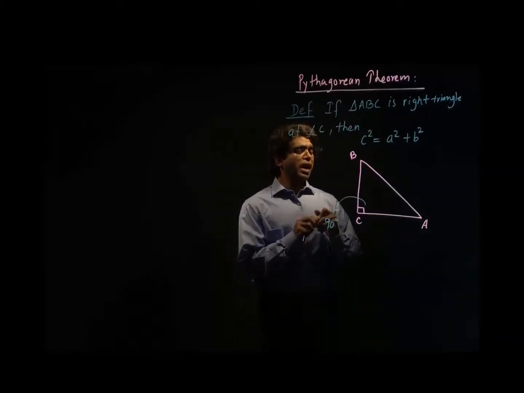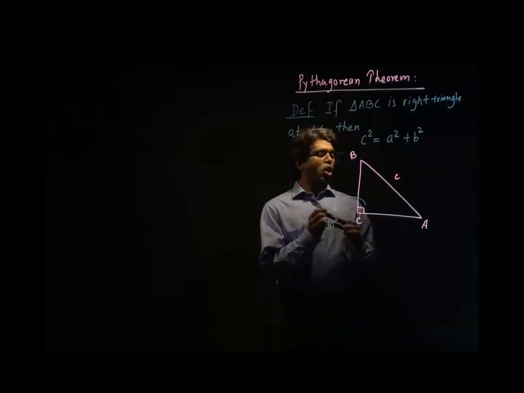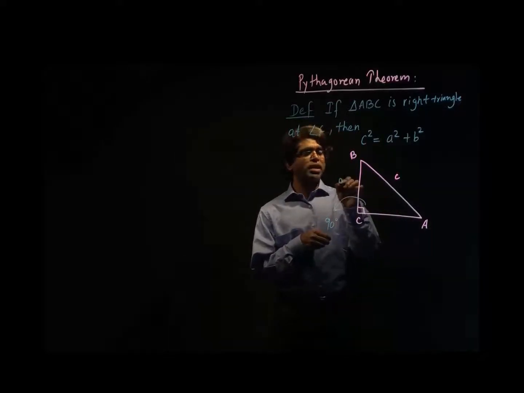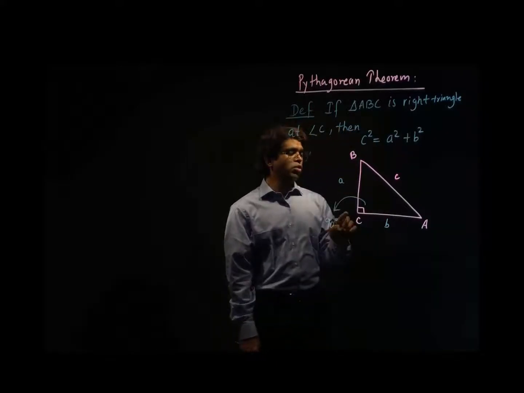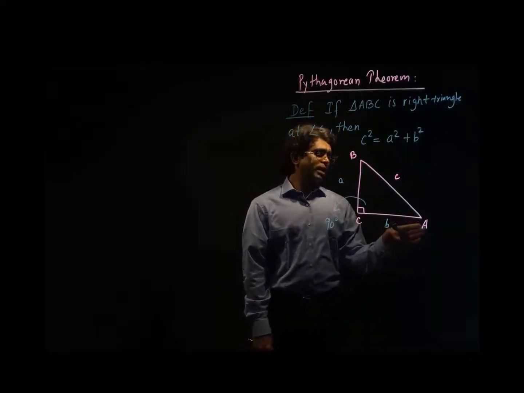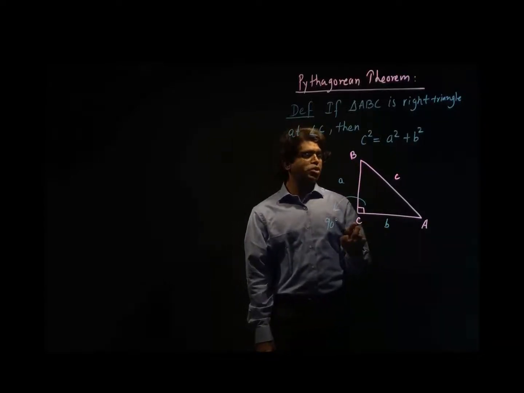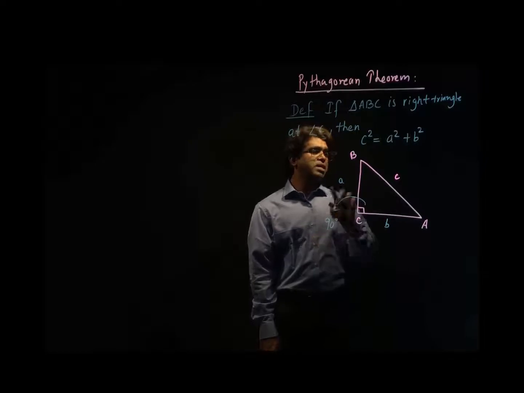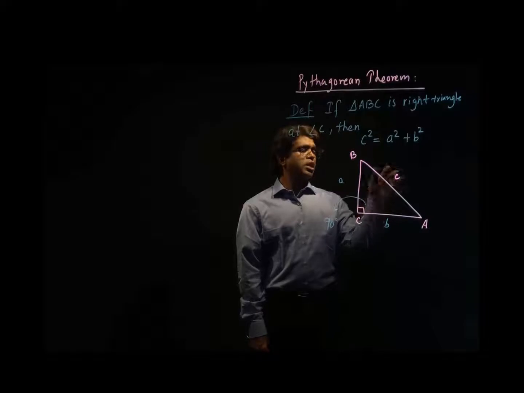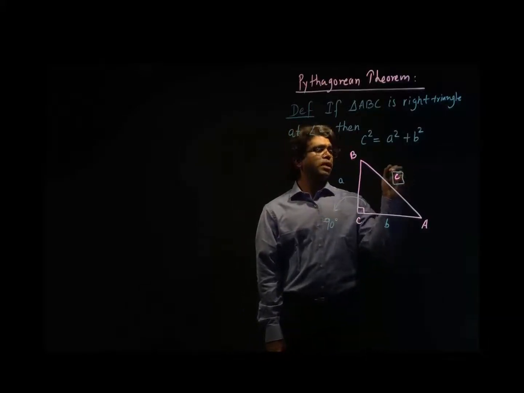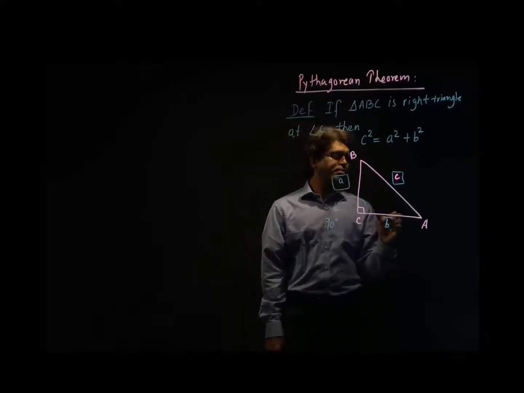The side opposite to vertex A is small a, opposite to vertex B is small b, and opposite to vertex C is small c. So if we take a right triangle, then the square of c is the same as the sum of the squares of a and b.